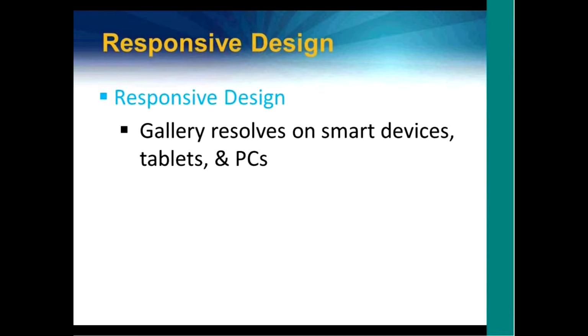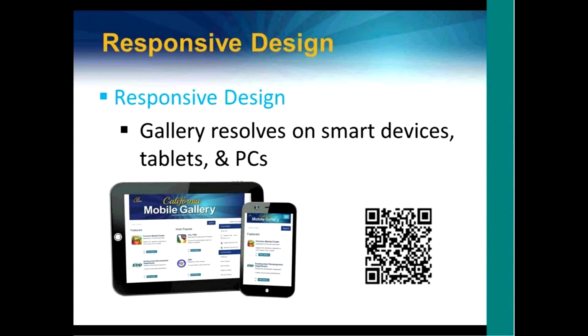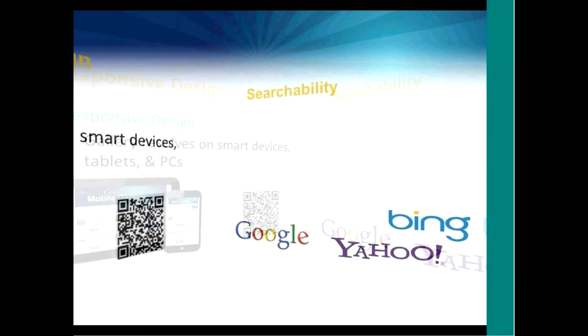So, responsive design. The gallery now resolves on any smart device, on any tablet or smartphone. And like I said, you can get to the apps from our PC users by scanning our QRs.